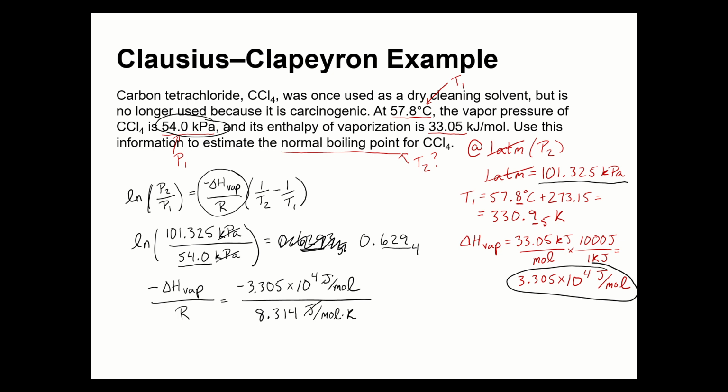So our joules and our moles will cancel, and we've got 1 divided by 1 divided by Kelvin. So that kind of flips that Kelvin up to the top. So we'll get units of Kelvin once we solve this. Okay, and so if I solve this out, both of those numbers have 4 significant figures. So I want 4 sig figs in my answer and keep an extra digit just to prevent round off errors.